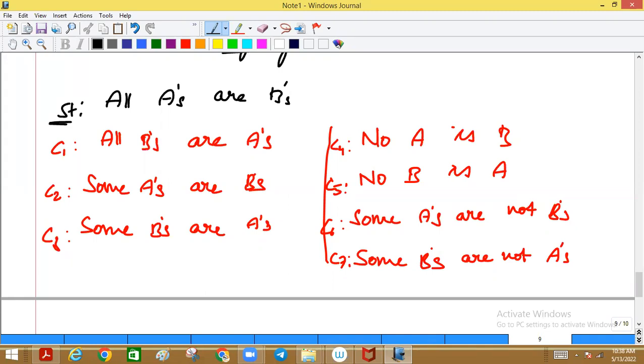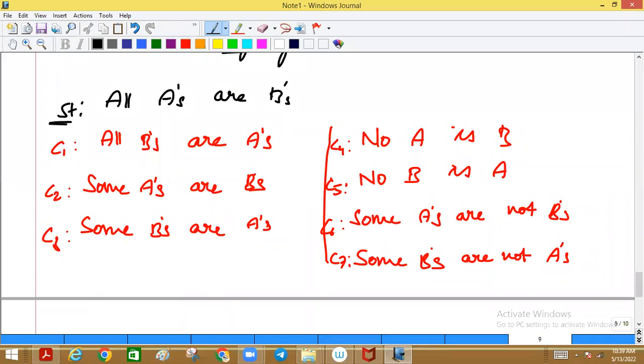First of all, I said, from where do you take the conclusions? From the statement. If the statement is positive, what about your conclusion? Positive. If the statement is negative, the conclusion also will be negative. You can't give a positive statement and a negative conclusion, or a negative statement and a positive conclusion. It's not possible, simply logically, right?